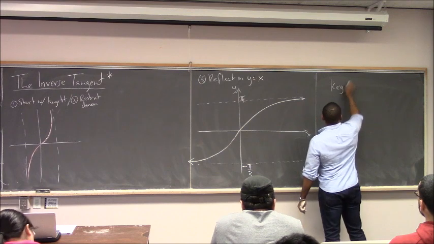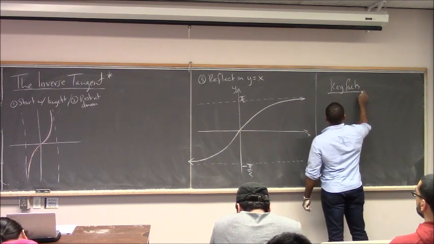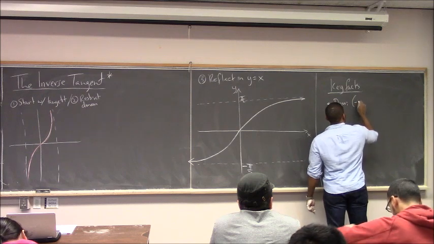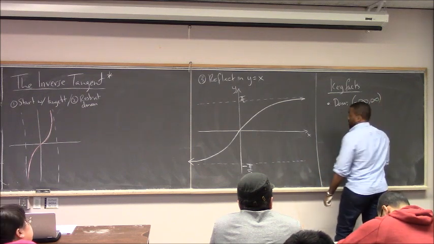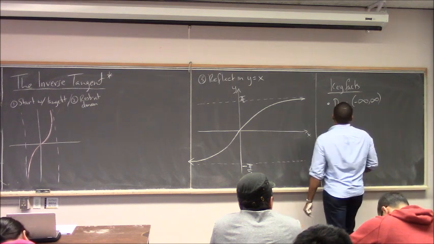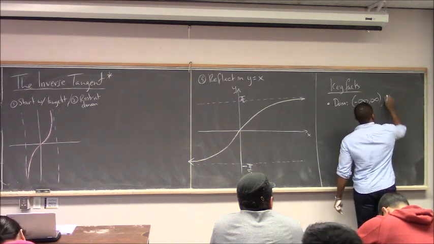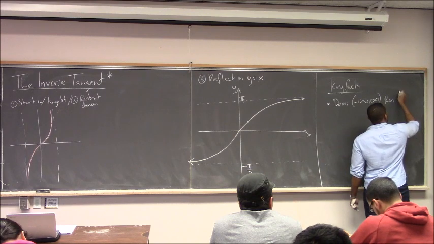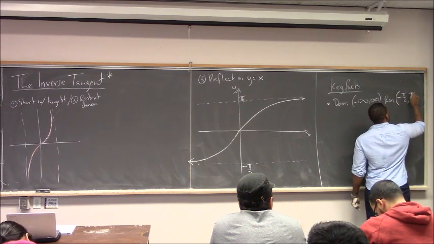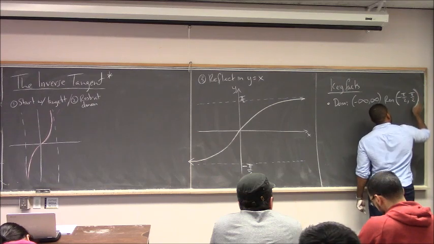Key facts for this graph. Domain is all real numbers. So that one is unrestricted. The range, though, is restricted. The range only goes between minus pi over 2, not included, to pi over 2, not inclusive.